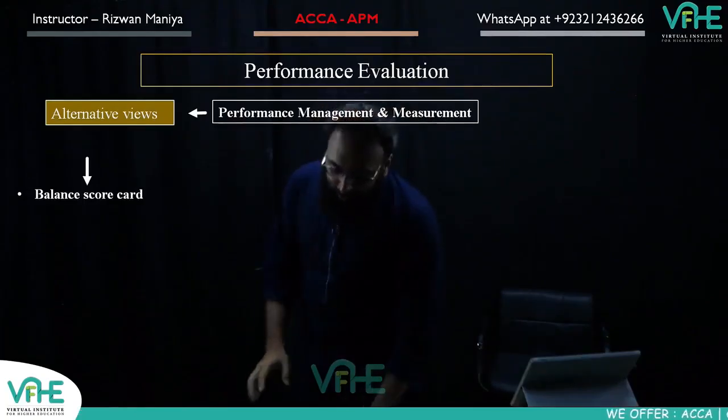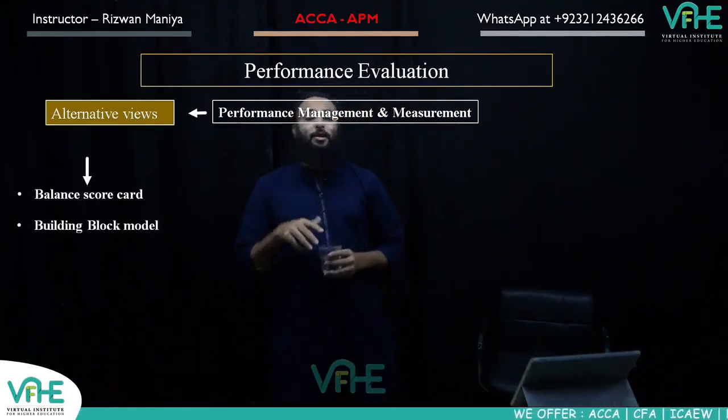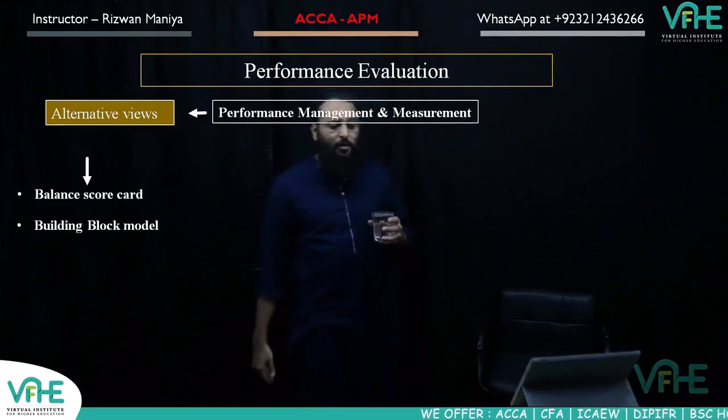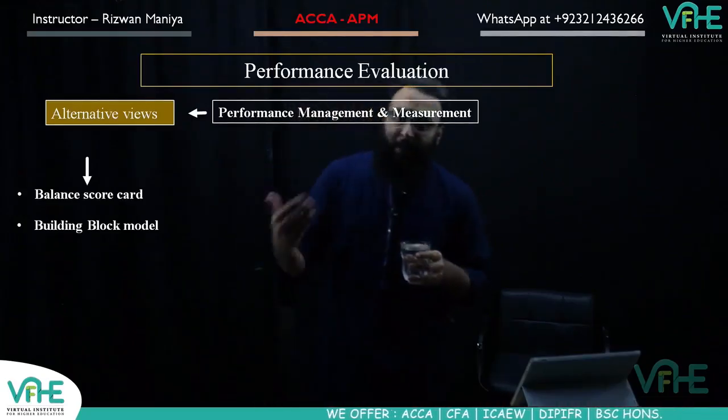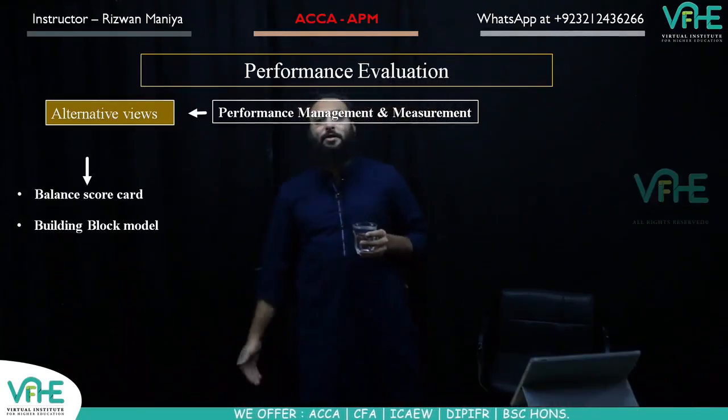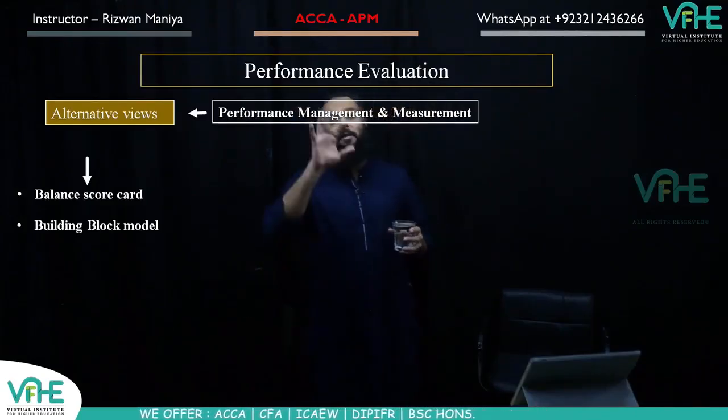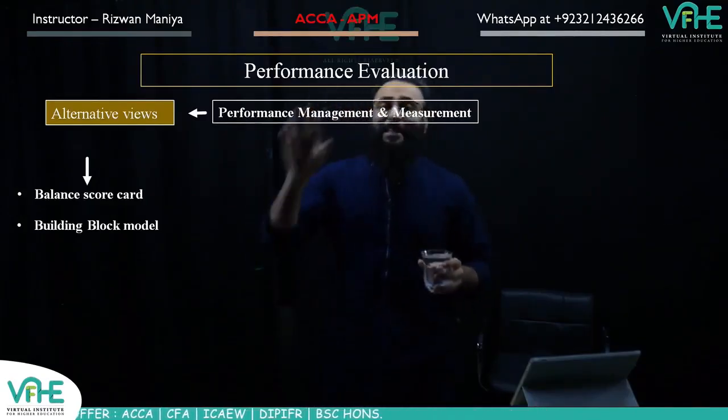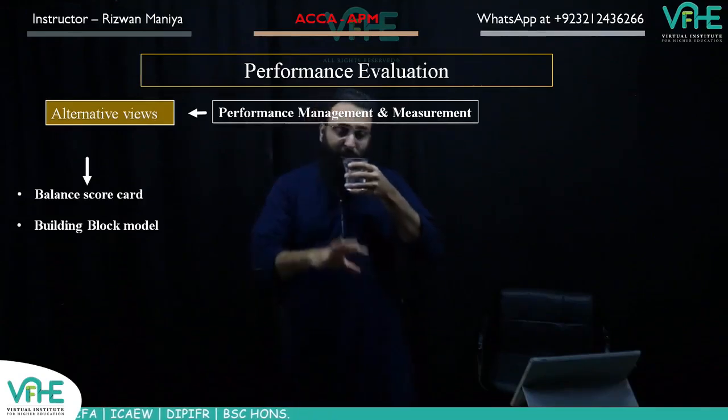On the other hand, the other model that we can use to measure or manage the performance of a service business is known as the building block model. The building block model is divided into 3 blocks. The first is dimensions, the second is standards, the third is rewards.